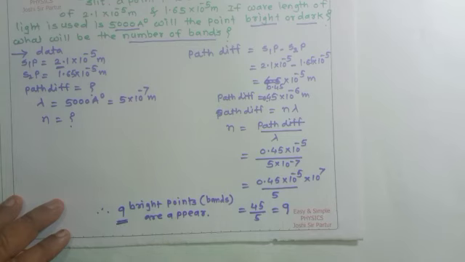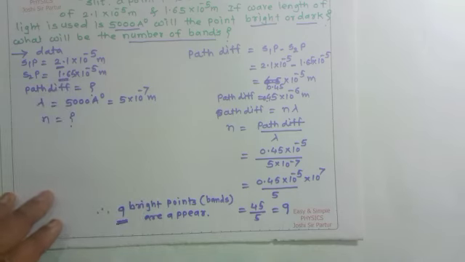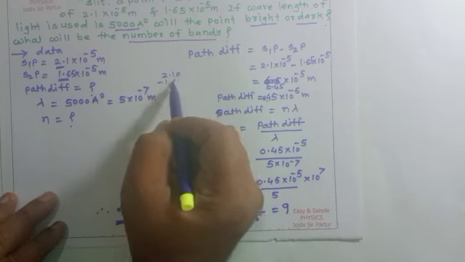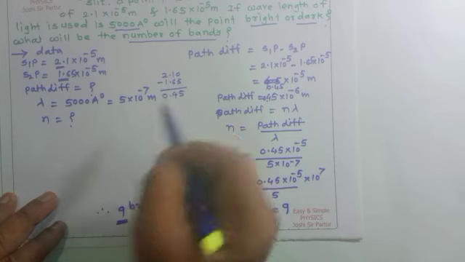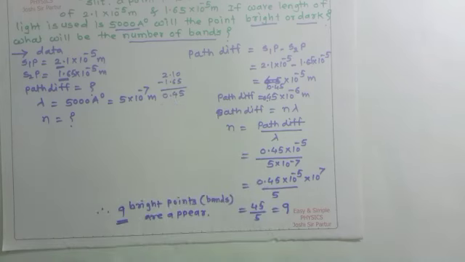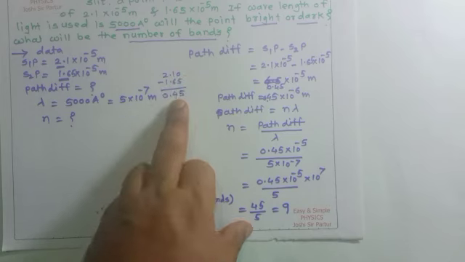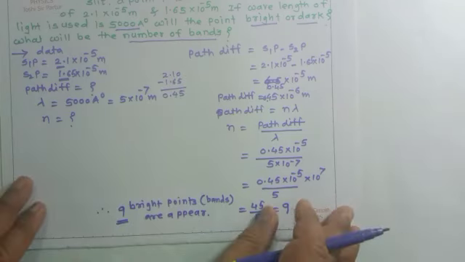So 9 bright bands are given. Here we can take 1.65: if we subtract 2.10 minus 1.65, the subtraction will be 0.45. If we take 1.6, the subtraction will be 0.5. This is the difference in the given example.